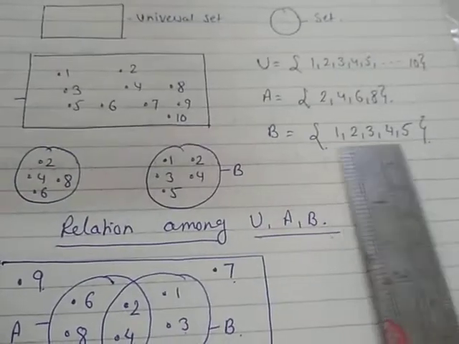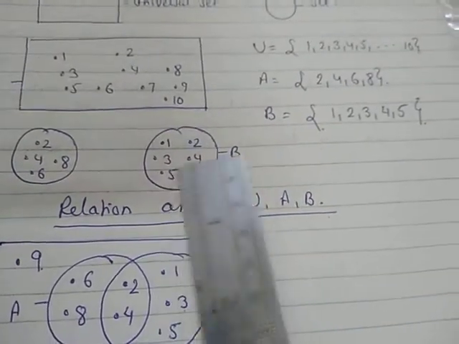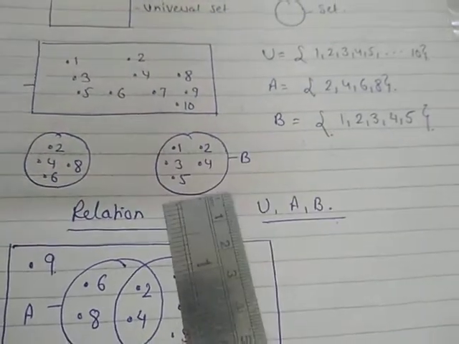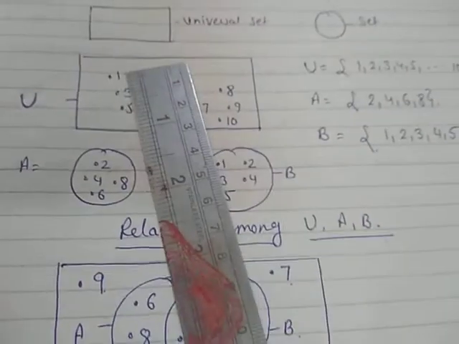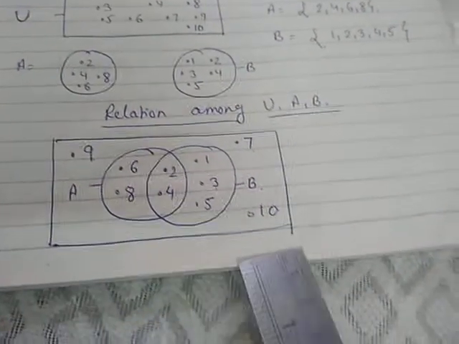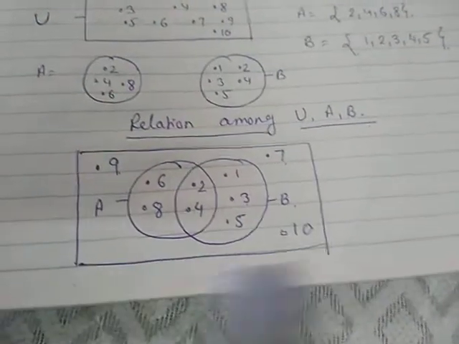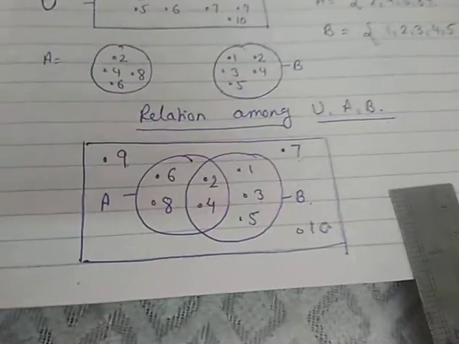And B is 1, 2, 3, 4, 5. Here I have written 1, 2, 3, 4, 5 within the circle; element B is present here. When you combine all these three figures, definitely U is the superset of A and B. This is your bigger one, U, the universal set.